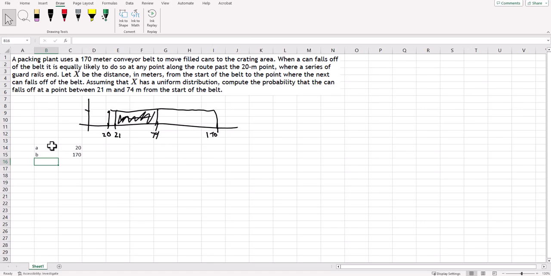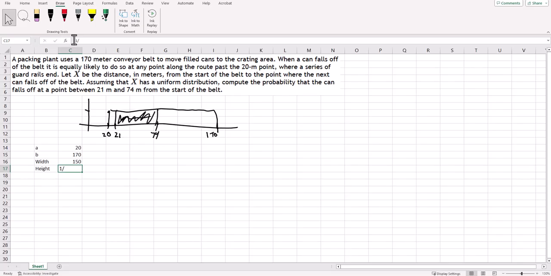And so we can find that distance covered there between them, how wide it is, by doing 170 minus 20, and that gets us the width. And then the height will be 1 over this guy right here.